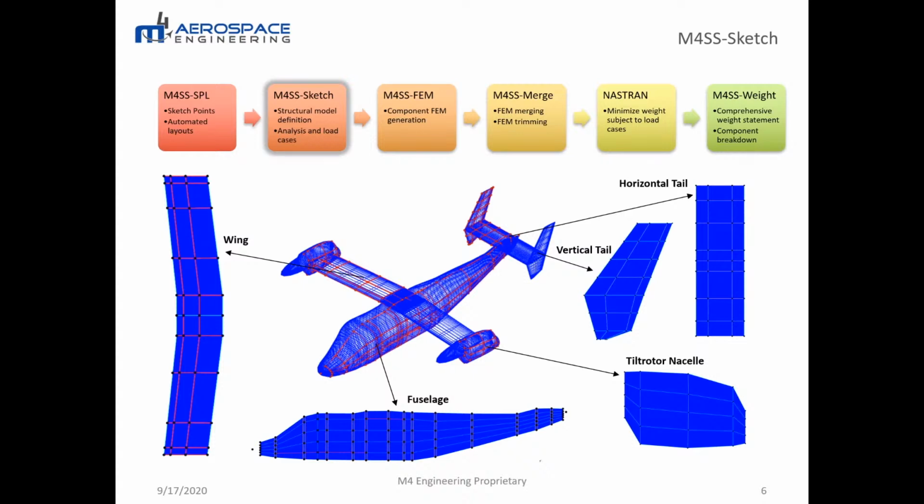In addition to that, this is also where you're going to detail the analysis cases or the jobs that will be run for your optimization routine. And you will also define any attachments and things like that that will essentially allow you to build up your sketch for each component that you're interested in modeling structure for and connect it together into a final, complete vehicle FEM.